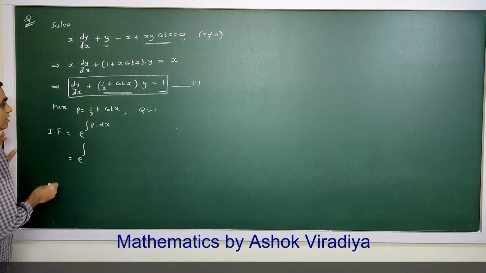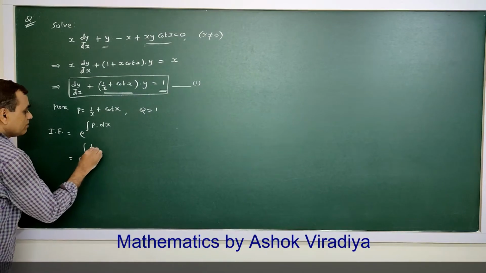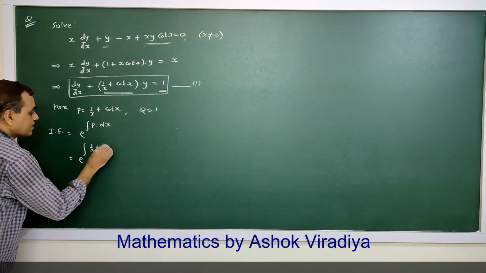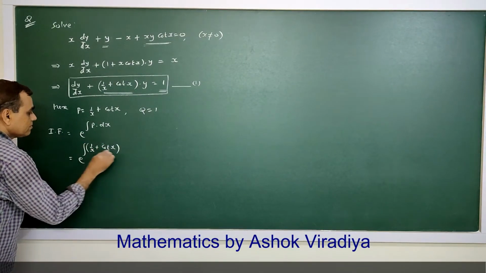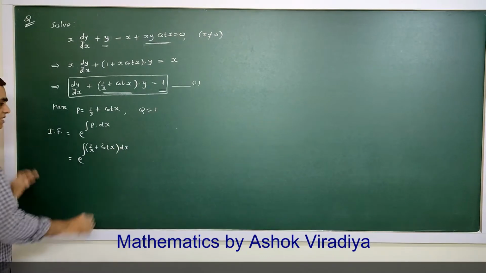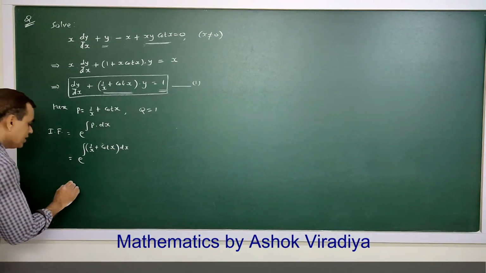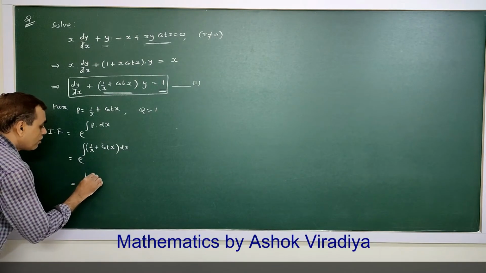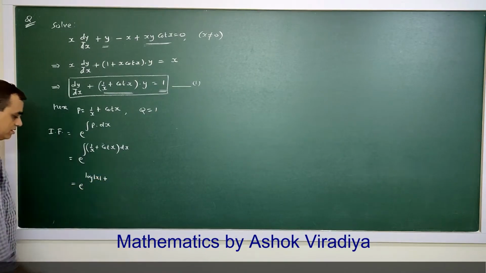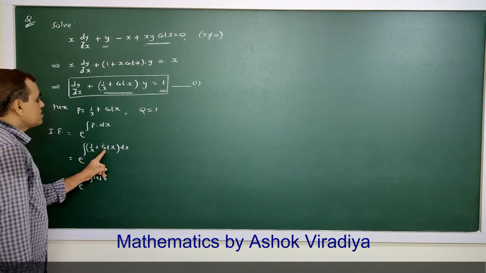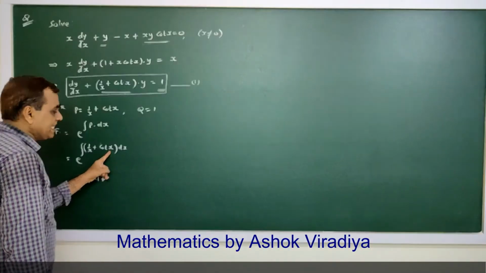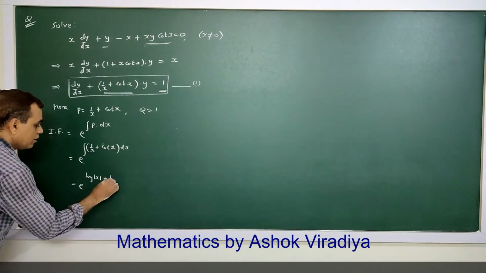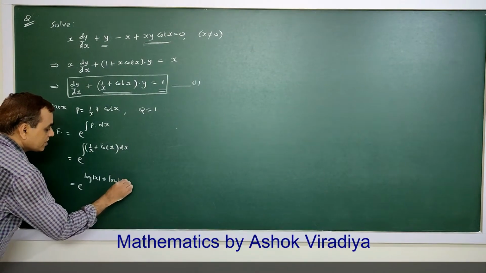Now p is 1 upon x plus cot x. So e raised to 1 upon x, its integral is log mod x, plus cot x, integral of cot x is log mod sin x.